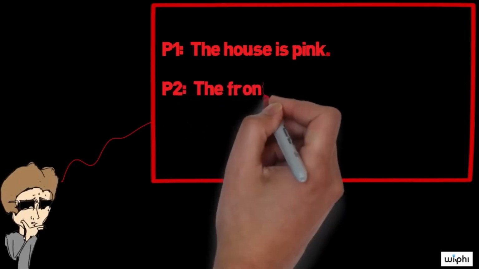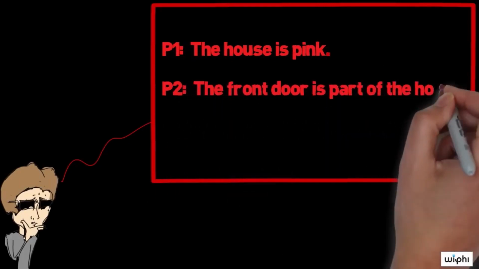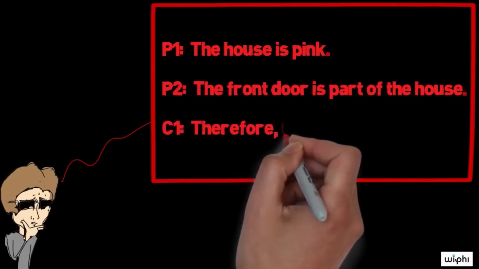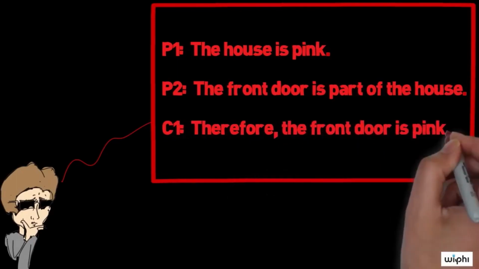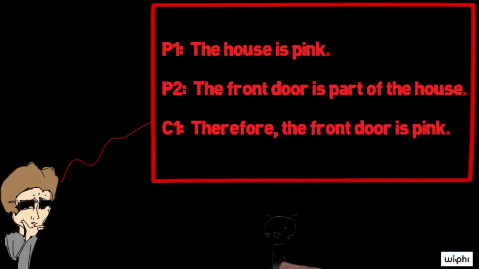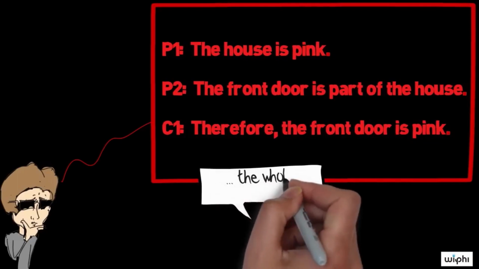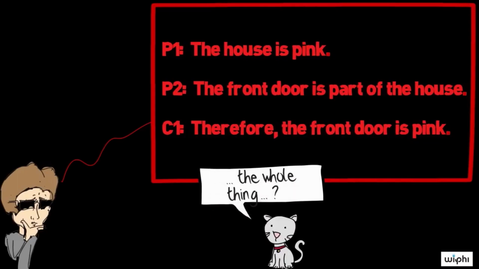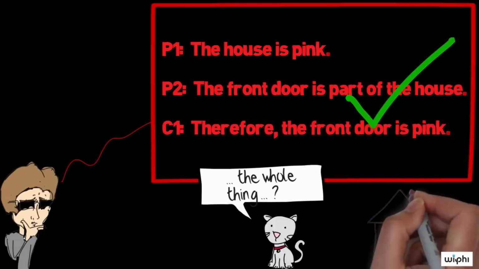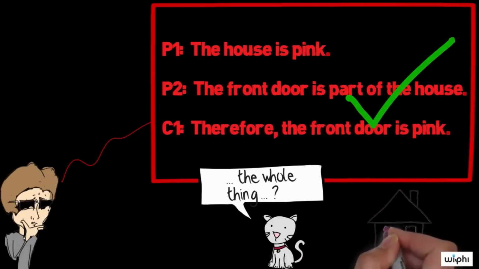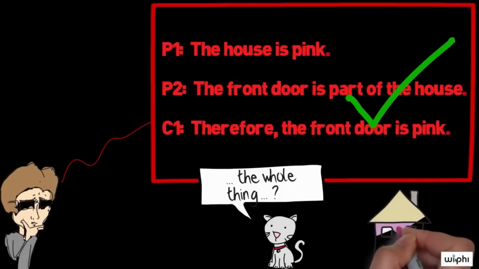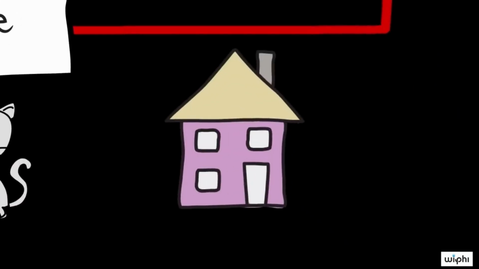Premise 2, the front door is part of the house. Conclusion, therefore, the front door is also pink. And in this case, my argument leads to a true conclusion. For I've, for whatever reason, painted every part of my house pink. Simply because there's fallacious reasoning doesn't necessarily mean that the conclusion will be false.